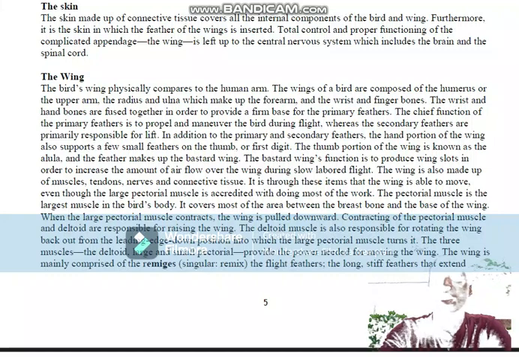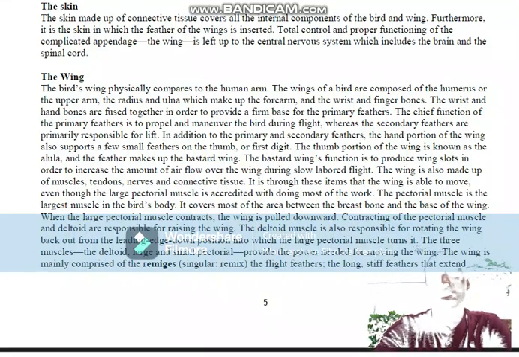In addition to the primary and secondary feathers, the hand portion of the wing also has a part which supports small feathers on the thumb or the first digit.